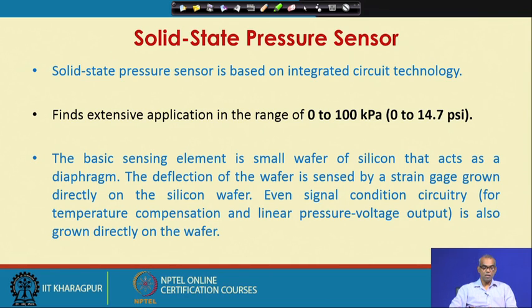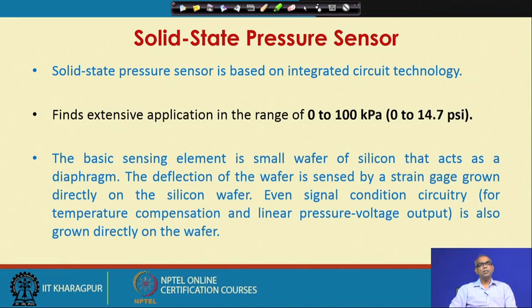So, the diaphragm is the basic sensing element, and the diaphragm is made of a small wafer of silicon. Now, if pressure is applied to the diaphragm, you know the diaphragm will deflect. Just now we have seen the capacitance type pressure sensor. So, this deflection of the diaphragm is a measure of the pressure.